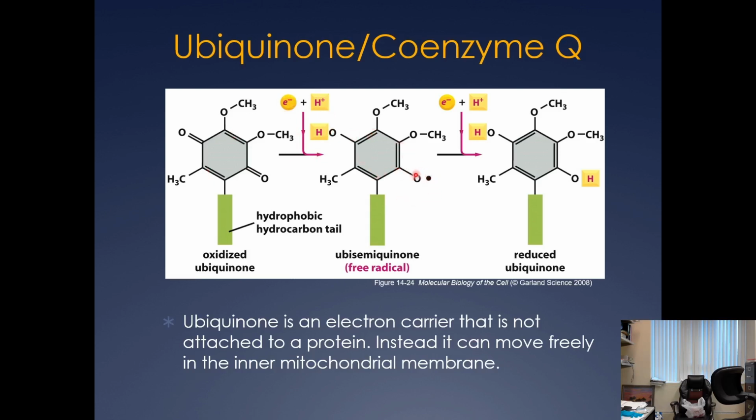You have the ubisemiquinone here, which is a free radical, and that'll eventually take up 2 protons. Okay. So it can carry 2 electrons and 2 protons, which is one of the things that makes it such a great carrier. And ubiquinone is also very important in the Q cycle, which we'll see in a second.